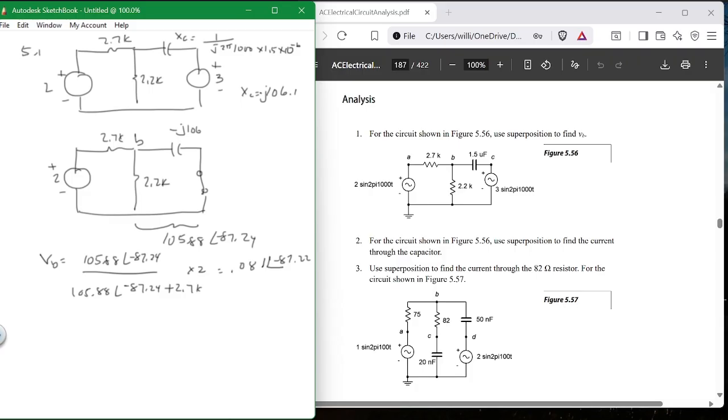Is that what you got? No? What'd you get? What's VB? It's this resistance over this plus this, times this. All right? That's it. What you got, Adam?